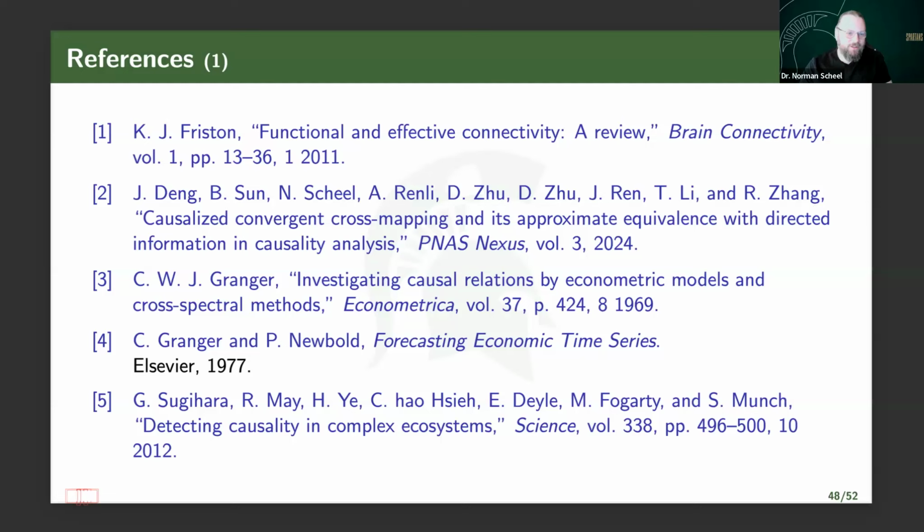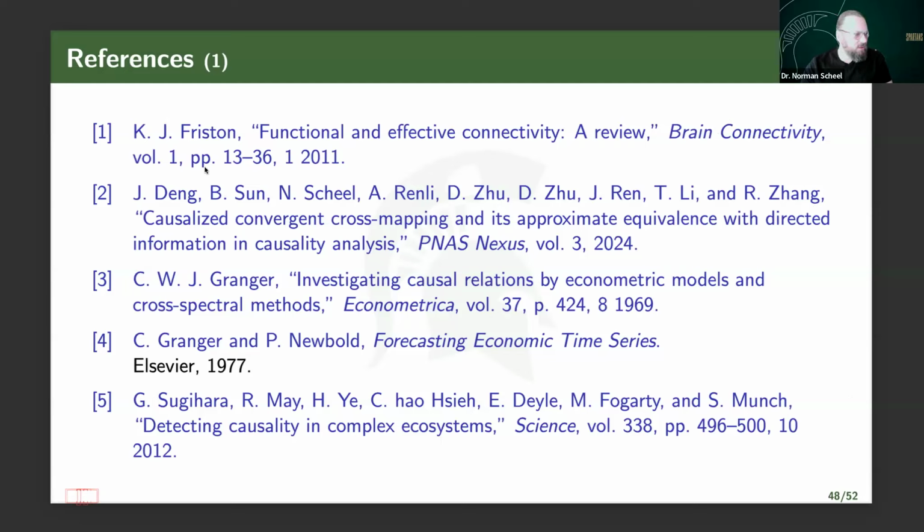Maybe I have a question. A great talk, thank you so much. It made it pretty clear the difference between CCM and Pearson correlation and causality. In the beginning, you showed the results for the default mode network connectivity across the different regions.